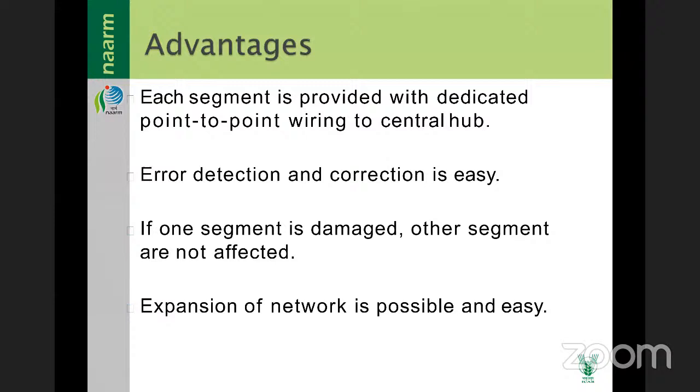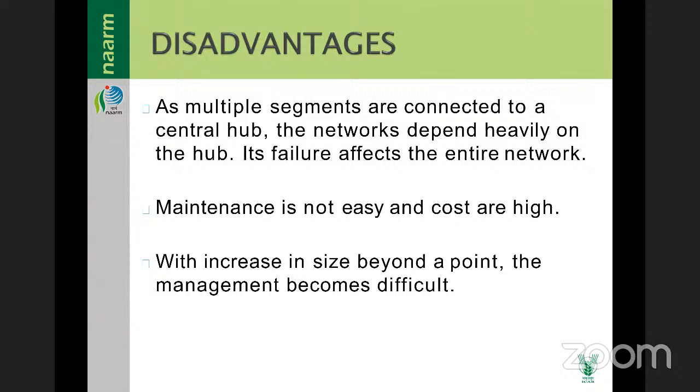If one segment is damaged, other segments are not affected. But in ring and star topology, once one system is affected, the entire system will be corrupted. Here that is not the case. We can remove that one, and expansion of the network is possible and easy. If we want expansion, it is possible.